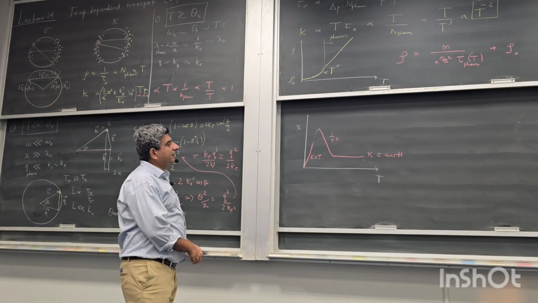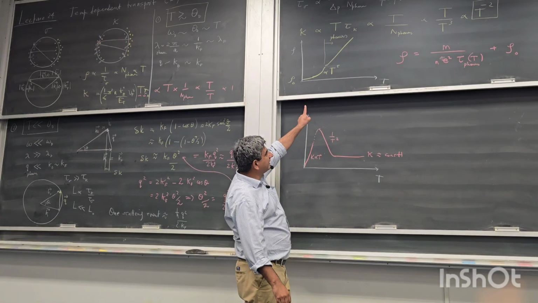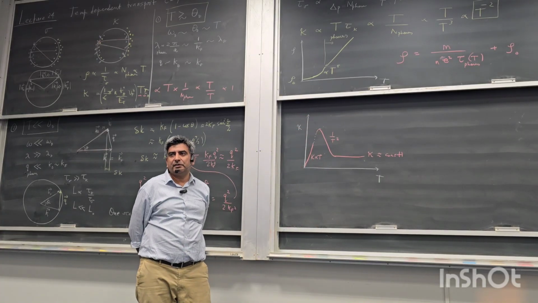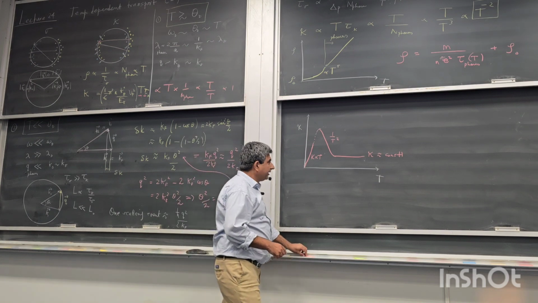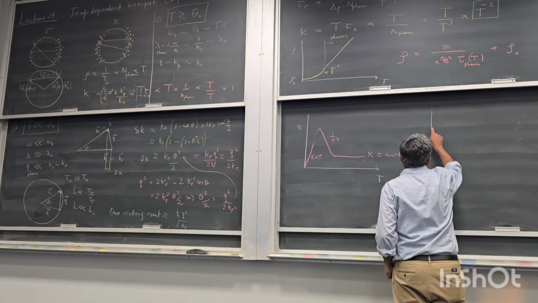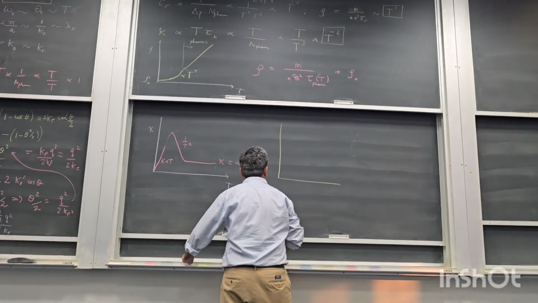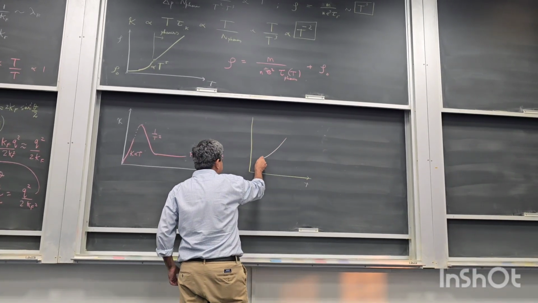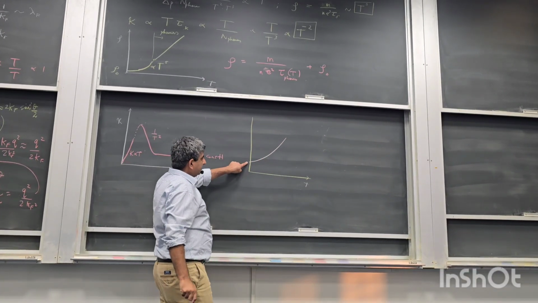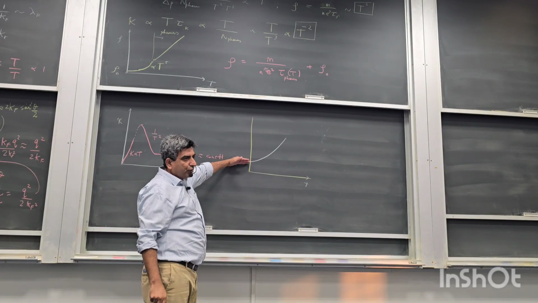Now the problem is that as far as the electrical resistivity is concerned, even if you had a pure metal, by the way, one question, if I have a metal and at low temperature, so this is the temperature, at low temperature you have the resistivity plateau off at a certain value.